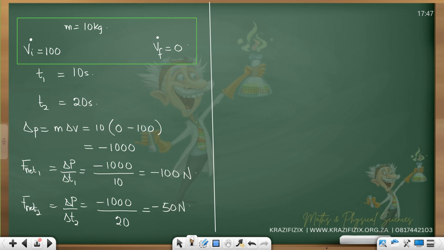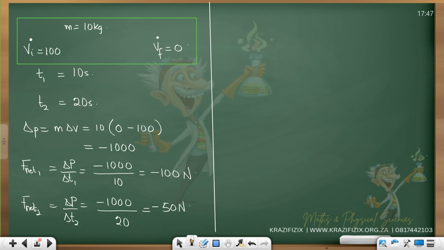Do you notice the bigger the time, the lesser the force? The negative only gives us direction. Do you notice that when the time is 20, the force was 50, but when the time is 10, the force is 100? So where do we have more force?